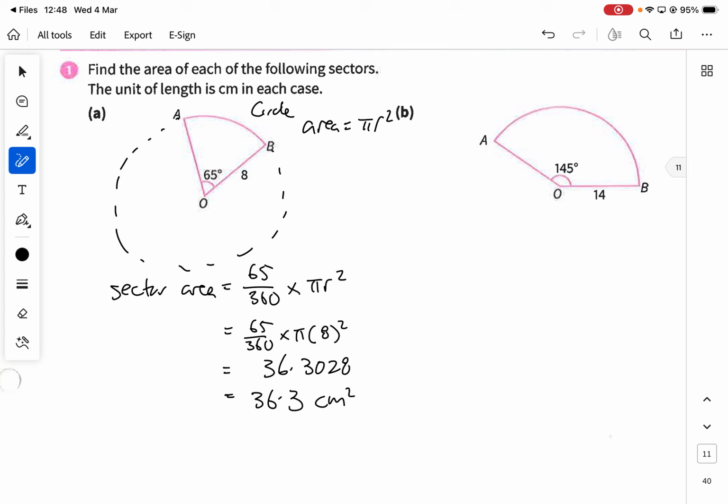65 over 360 give us the fraction. How much of the circle? For example, if I have the whole circle is pi r squared. Now if I want only half the circle, it is half pi r squared. How I get half? Whole circle is 360 degrees. Half a circle is 180 degrees. So the half is actually 180 out of 360 equals to half.